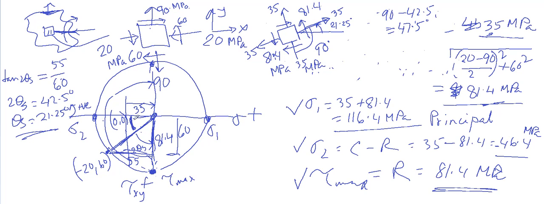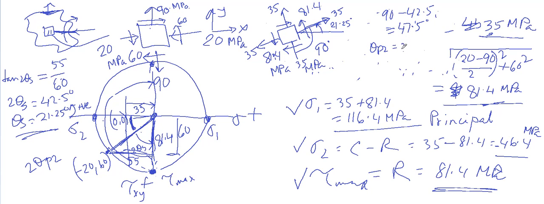Now what is this angle? This angle I can write as twice theta p2. Why twice theta p2? Because it is from the reference point to my principal stress, which is p2. Now we found twice theta p2 is 47.5. Then what about theta p2? It is half of this.